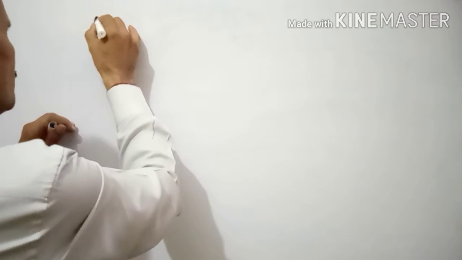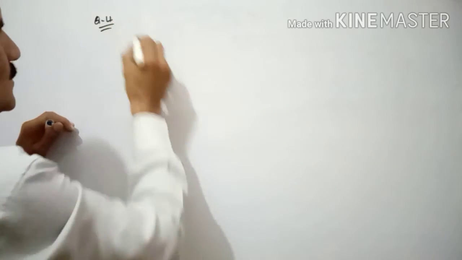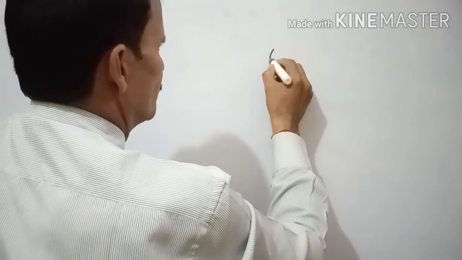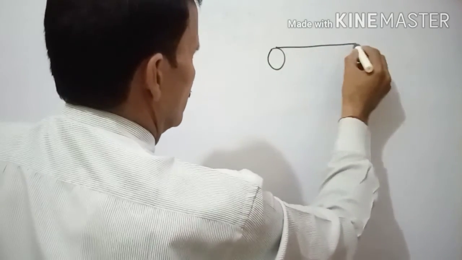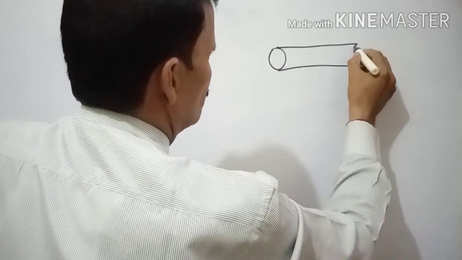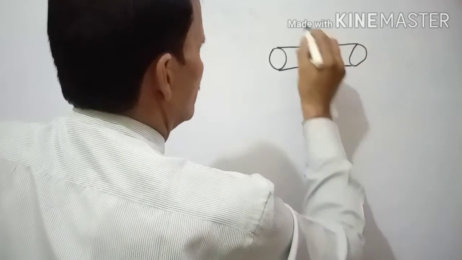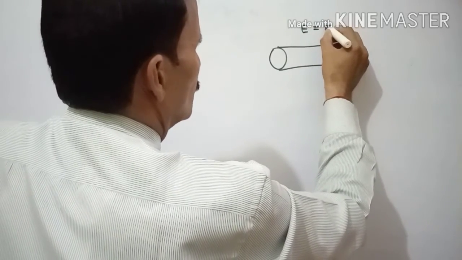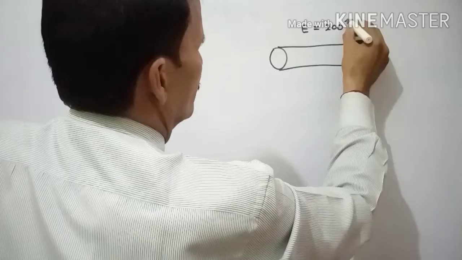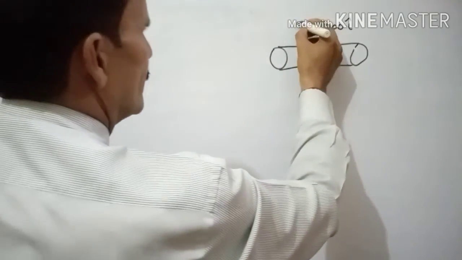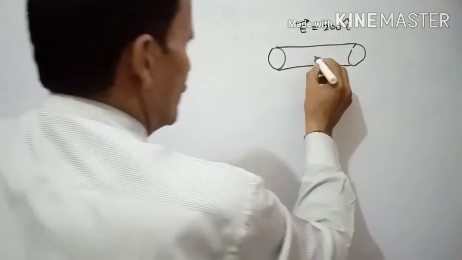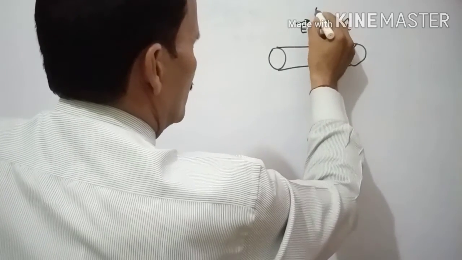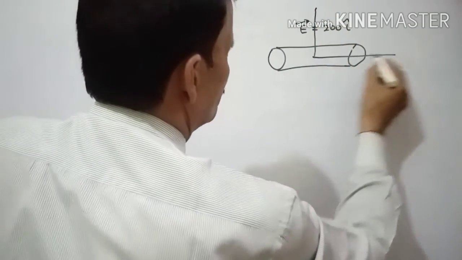Suppose we are making one more question. Now it is a numerical, question number 4. Suppose there is a cylinder. Again take the cylinder and it is placed in an electric field E equal to 200 i. This vector E is given and the center is at the origin.